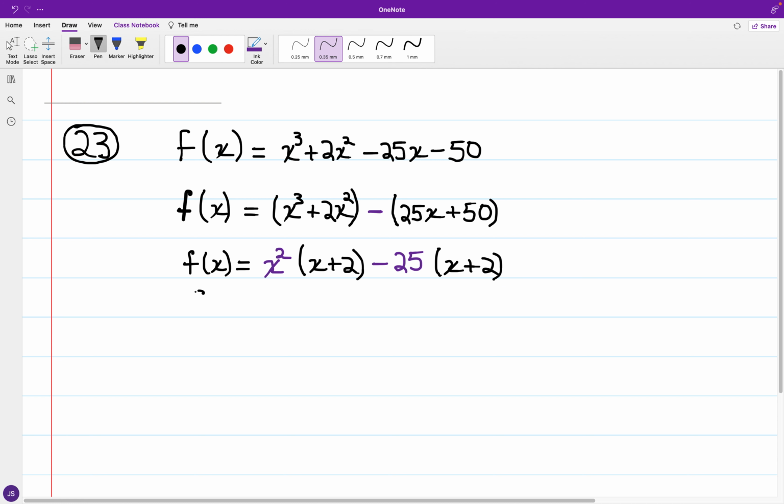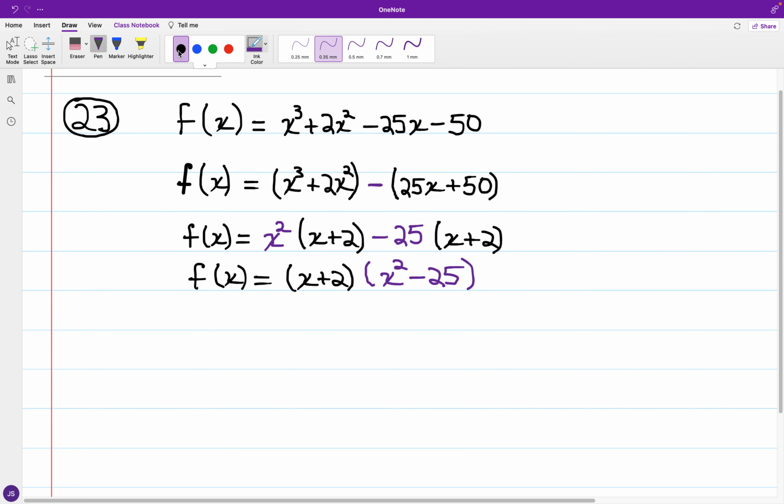For the follow through, notice we have in both groups the common binomial x plus 2, and clustering together the outside terms in operation, you have x squared minus 25 times x plus 2.